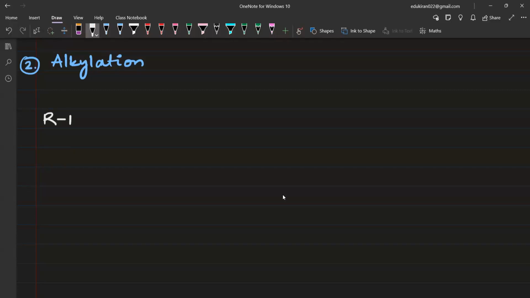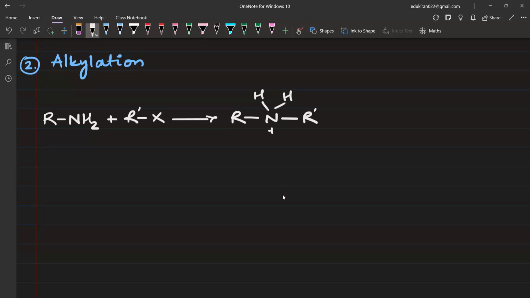We have a primary amine and we react this with an alkyl halide R'X, and we get R-NH2-R' with a positive charge, which is balanced by X negative. When you react this with a base, OH negative, you will get R-NH-R' with one hydrogen.